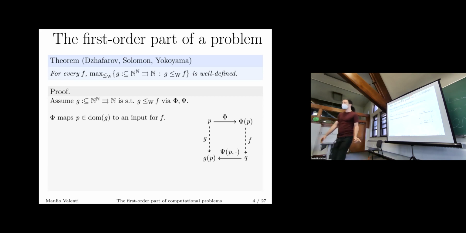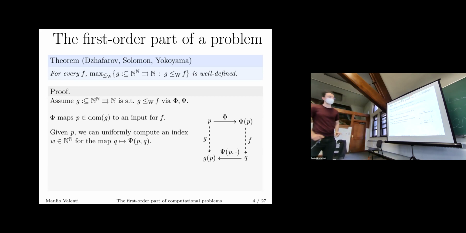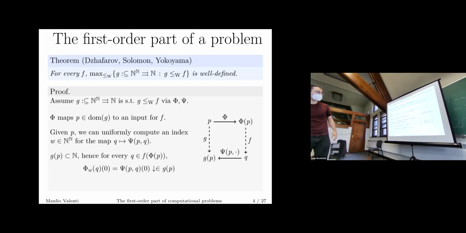Now, the trick is that given P, we can uniformly compute an index for a continuous function, an index in the Baire space, for the function that maps Q to psi of P, Q. This is very easy, it's just the universal Turing machine theorem.